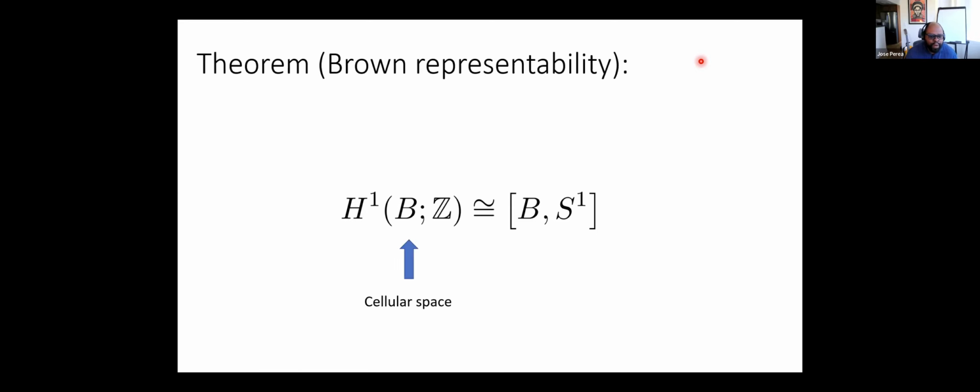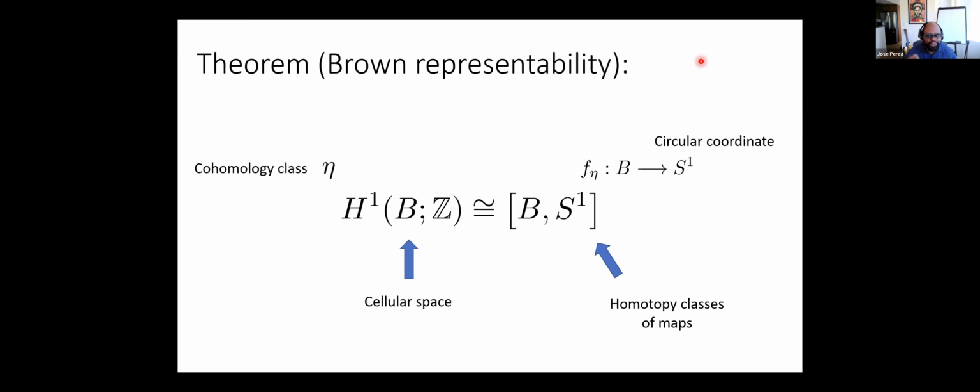If you compute the cohomology of a space, that's the thing on the left, that is the same thing as homotopy classes of maps to the circle, okay? So if you don't know what those words mean, don't worry. The main takeaway is that you can compute one of these cohomology classes, right? So one of these topological invariants, and get maps to the circle representing the algebraic class.